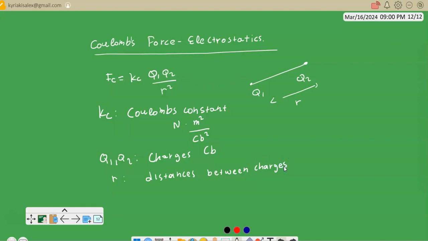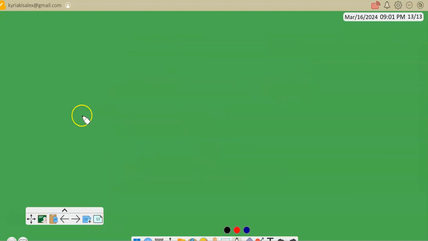Let's see the impact that the distance has on the force between the two charges Q1 and Q2. Mathematically, we have F1, the first Coulomb force, equal to this formula.